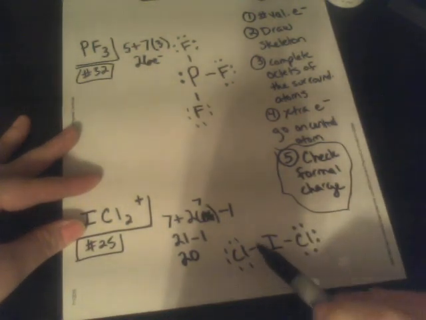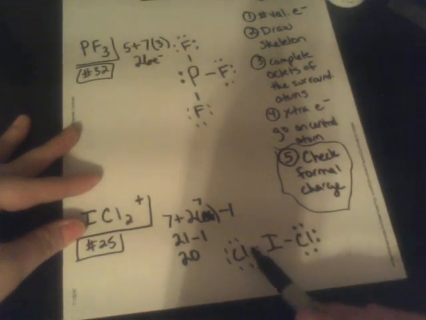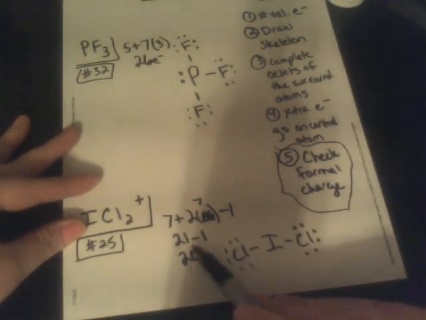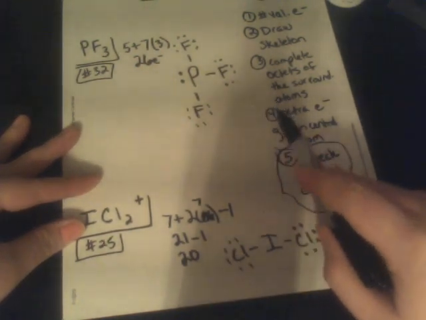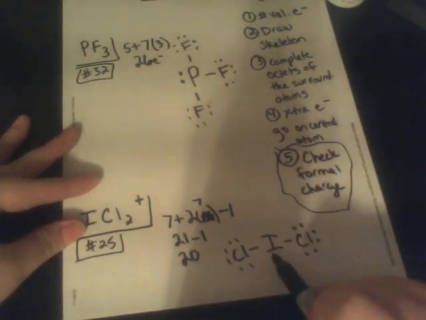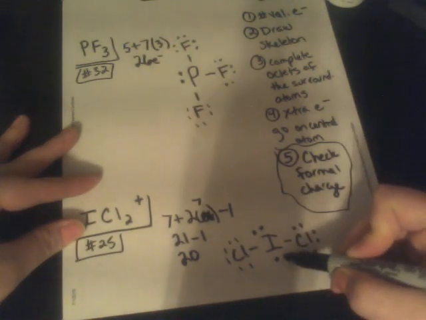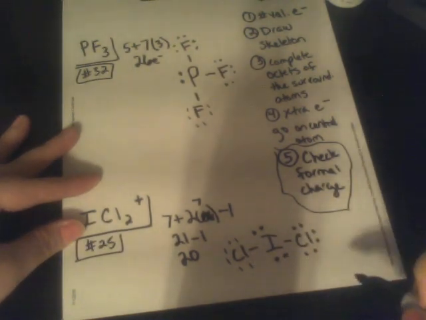So how many electrons do I have in this structure? I have 8 plus 8, so 16. I need 20. So any extra electrons get added to the center. So I need to add 4. 1, 2, 3, 4.